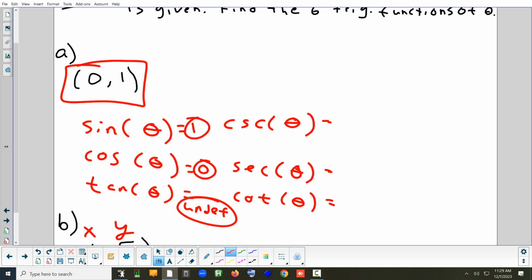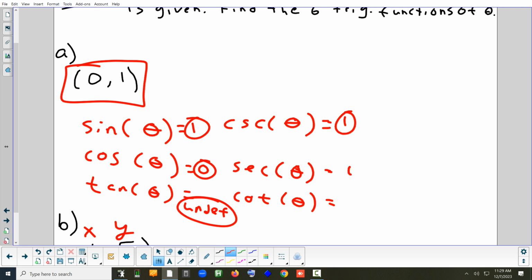Now, once you get the 3 on the left, the 3 on the right are quick. The 3 on the right are all the what of the 3 on the left? They're just the reciprocal. So you don't even need to think about a formula this time. Just take the answer you got before and flip it. So what do you get when you flip 1? 1. How about when you flip 0?